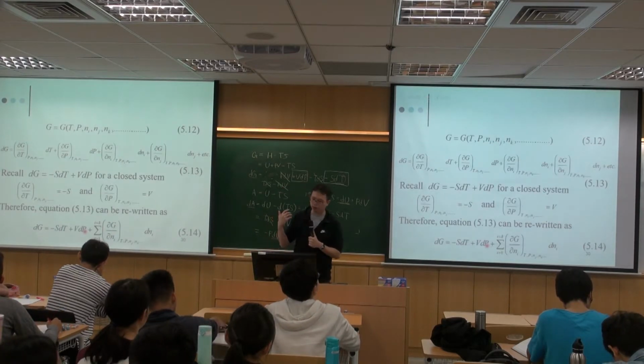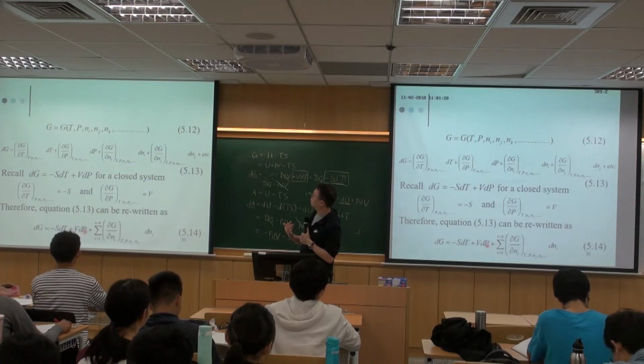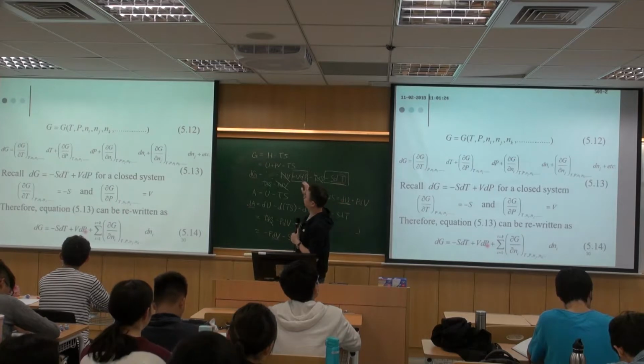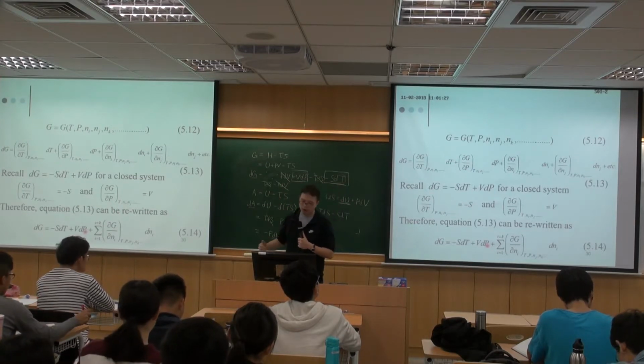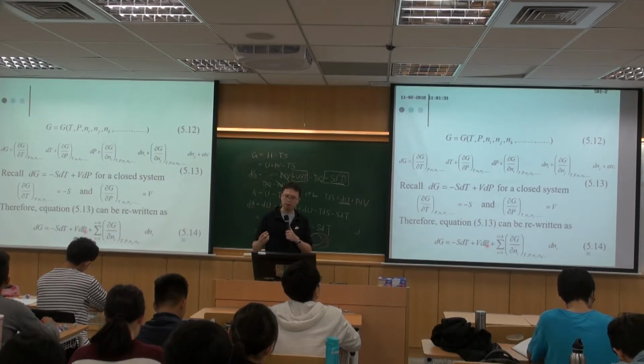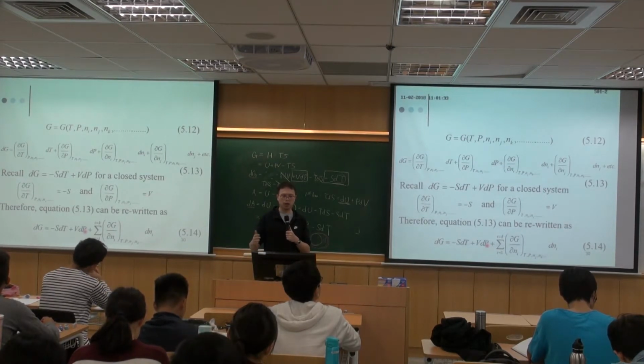It is better to express Gibbs free energy as a function of temperature, pressure, but also the number of particles, or you can say the moles of particles for different species, and you have to add them all together.